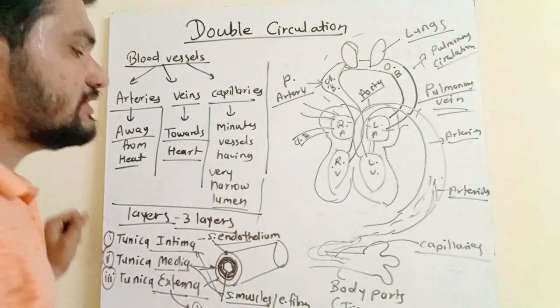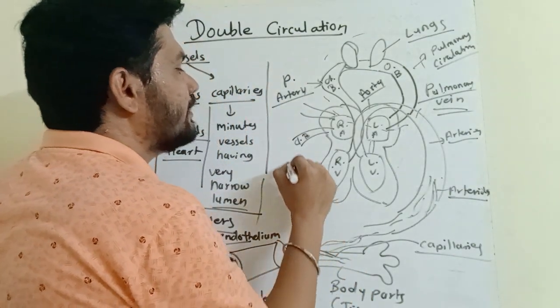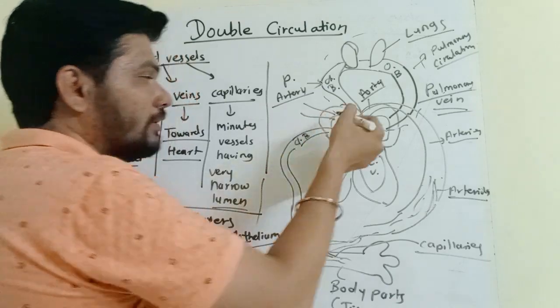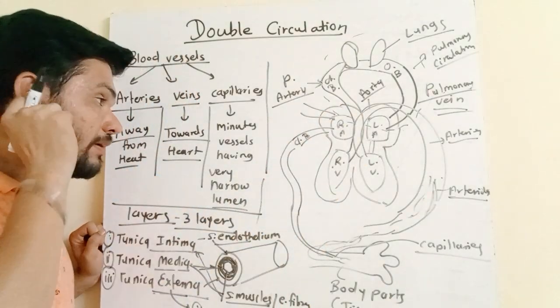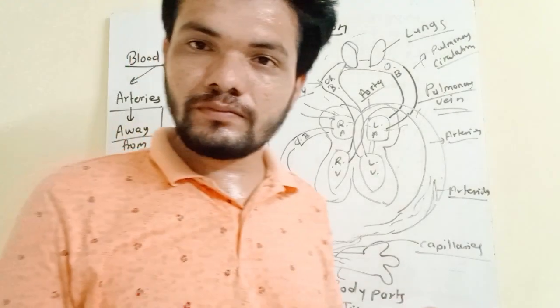So this deoxygenated blood will be transported back to the vena cava with the help of the venous system present in your body.